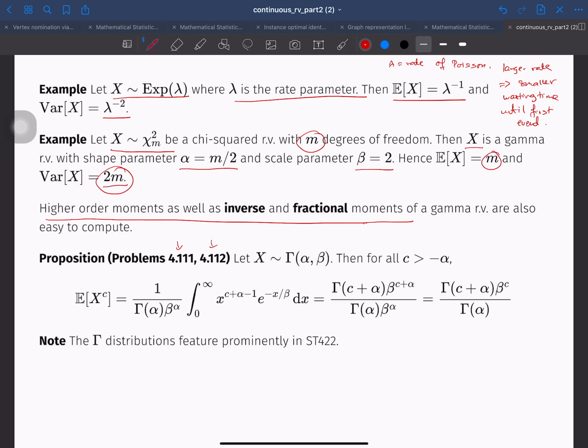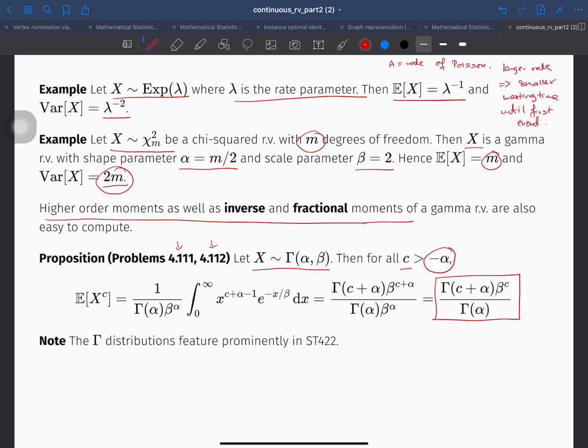But what we say is that if x is gamma alpha beta, then for any number c, as long as c is bigger than minus alpha, the expected value of x to the power of c turns out to be given by this simple expression here.